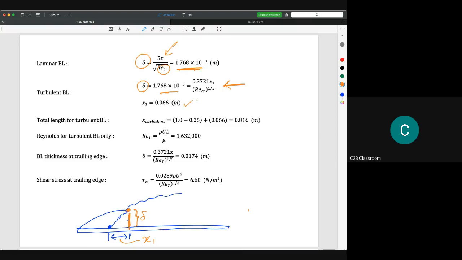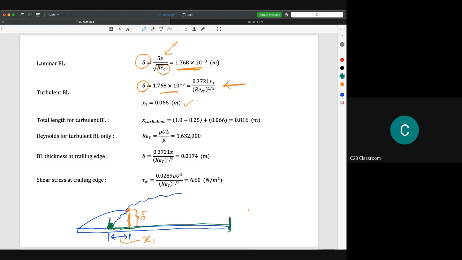Then we could calculate the total length of the boundary layer, meaning the length from the origin of the turbulent boundary layer until the end of the plate.